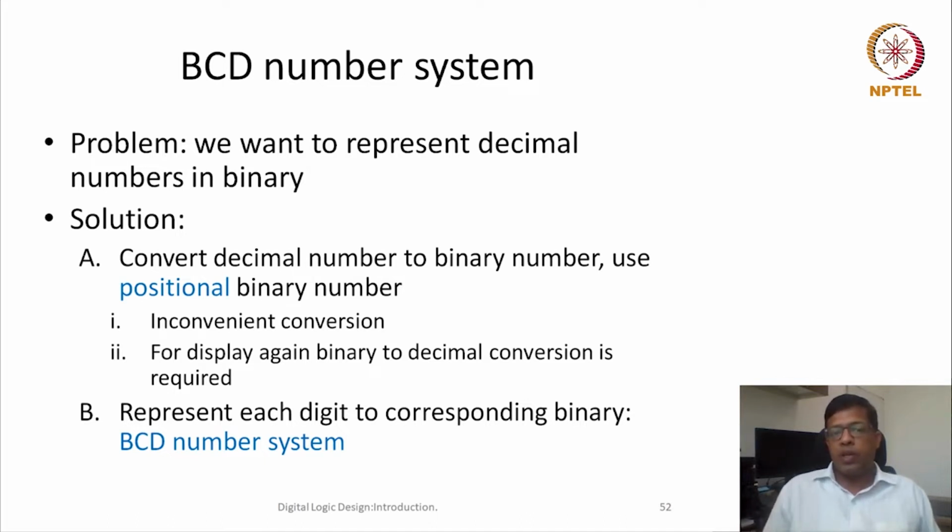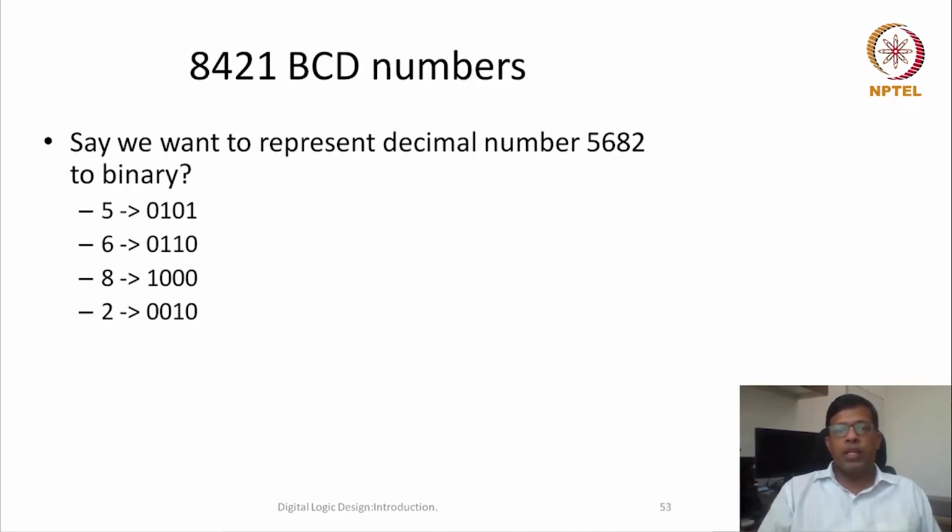Because to represent 10 different symbols we would require 4 bits. Can we use these 4 bits to represent each digit, and then represent a whole number using a collection of these 4-bit groups? If we represent numbers in this way, we call it the BCD, or binary coded decimal, number system. In the simplest form, let us see this example. We would like to represent 5682 as a binary number.